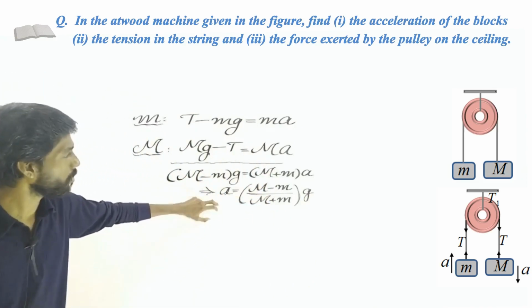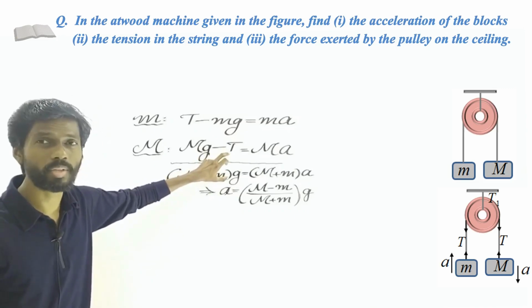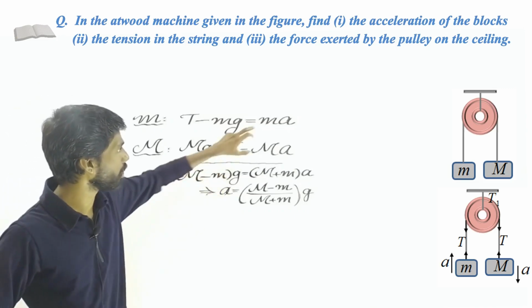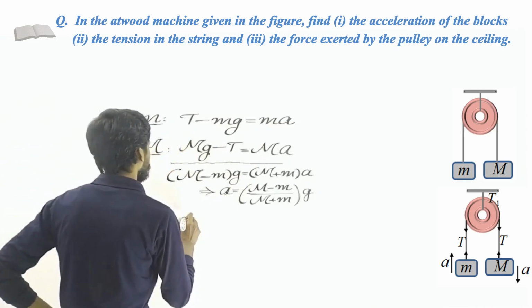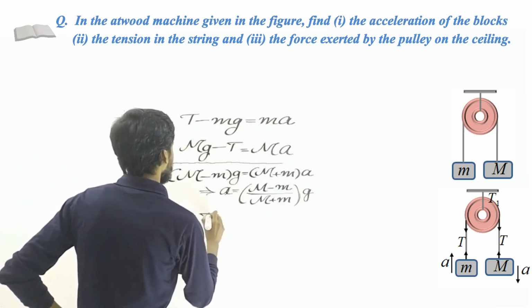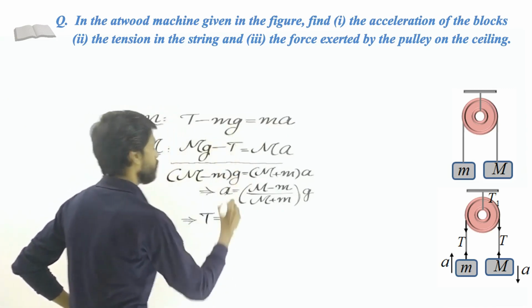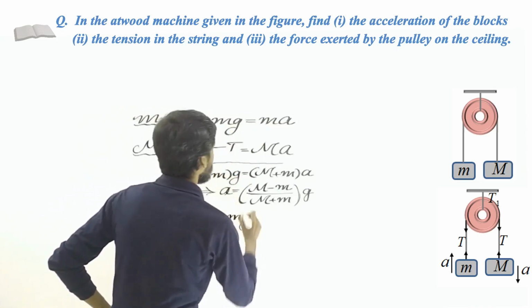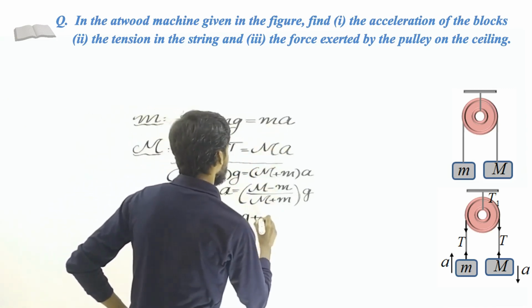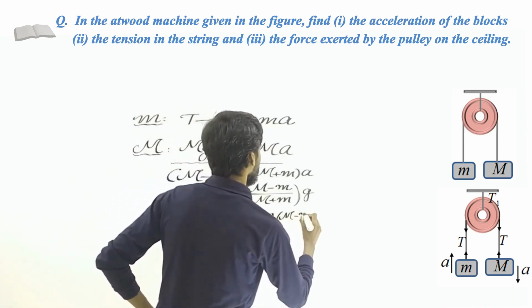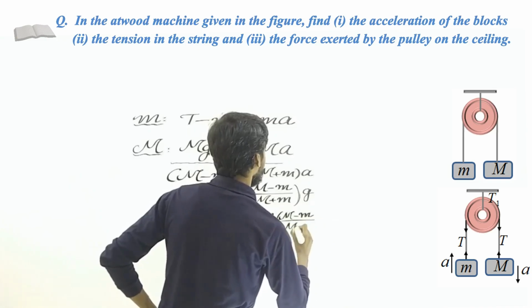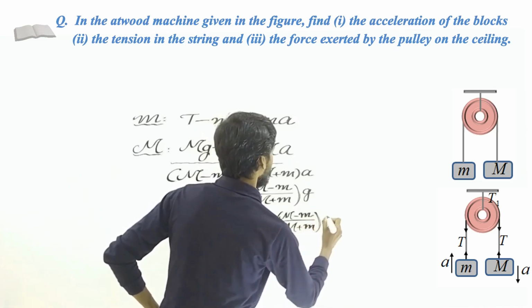Now if you want to find the tension, you can substitute in one of the equations. Any one equation, you can substitute this acceleration either here or here to get our required tension. Suppose you substitute in the first one. The required tension equals mg plus ma, m multiplied by this value, that is (M minus m) divided by (M plus m) multiplied by g.